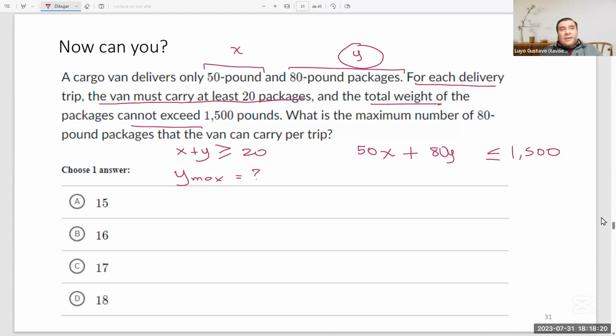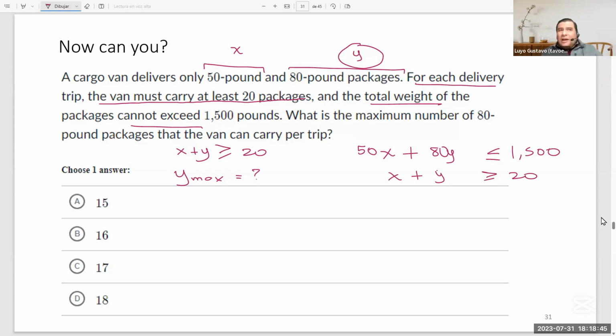If I want to get the max value of Y, first let's obtain a range in the form of an inequality in terms of Y alone. How can we do that? Notice what happens if I place the inequalities like this, one above the other.